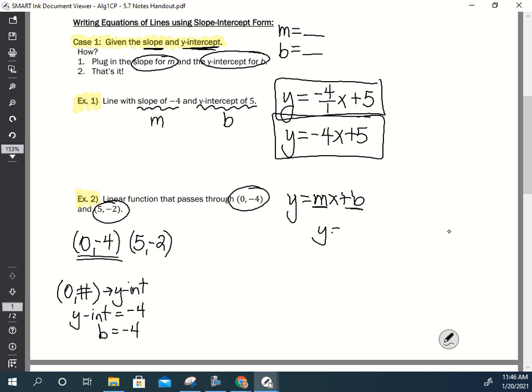So far we have y equals something times x minus 4. How are we going to get the slope? Subtract the 2 points. So that means we're going to be using y2 minus y1 over x2 minus x1. We've got a slope formula. We're not afraid to use it.